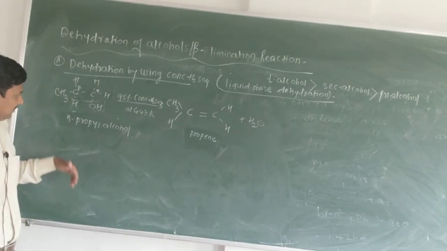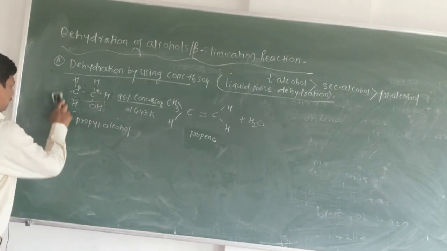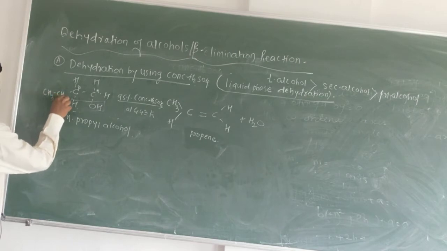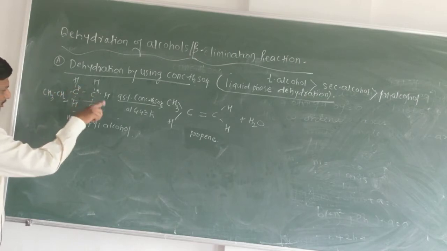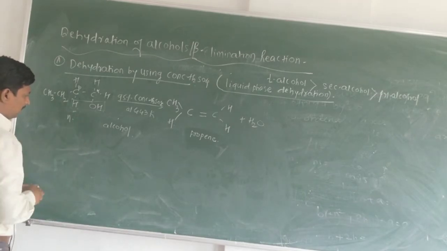Now, let us take another example: CH3CH2 group, and next the CH2CH2OH, which means it is N-butyl alcohol.